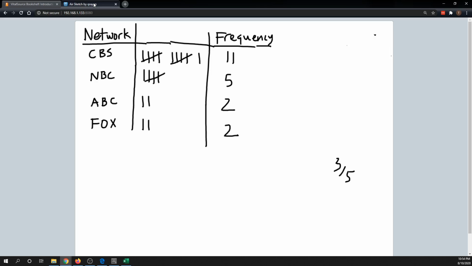And then we are just going to add on to our frequency distribution with the relative frequencies. The first thing that we need to do is to add all of these numbers up. So we have 11 plus 5, 16, plus 2 is 18, plus 2 is 20. So the total is 20.